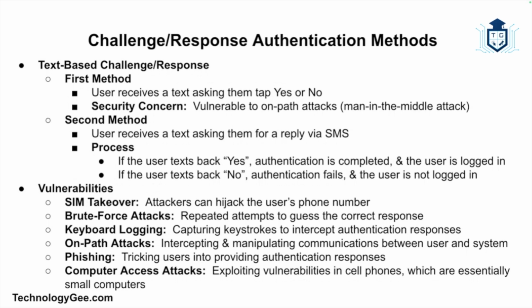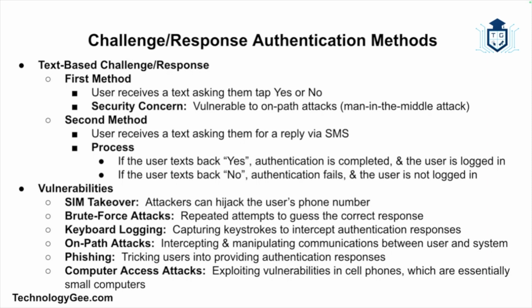Next, we have the challenge and response authentication methods. With one form of challenge and response, a user receives a text asking them to tap yes or no. This is a less secure form of strong authentication because it is vulnerable to on-path attacks, which are also known as man-in-the-middle attacks. With another form of challenge and response, the user receives a text asking them to reply via SMS.